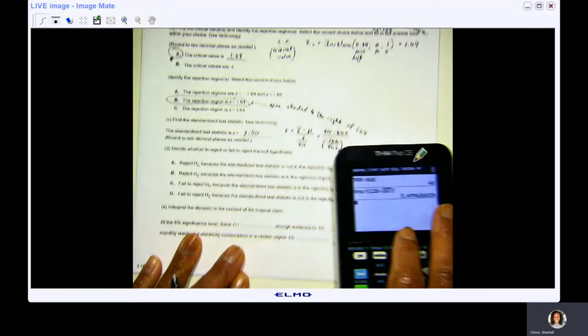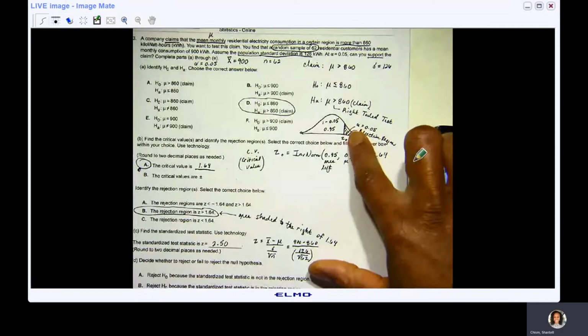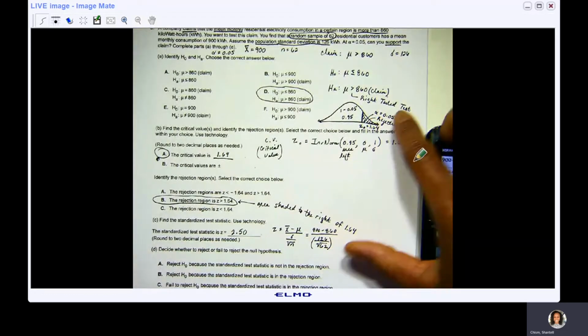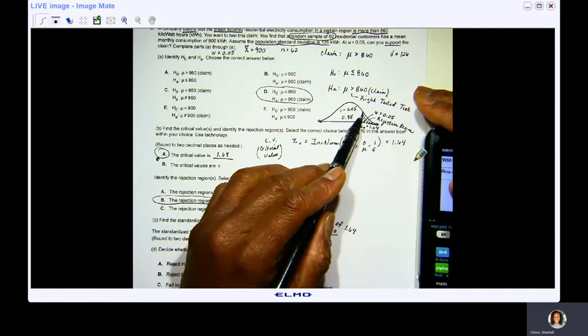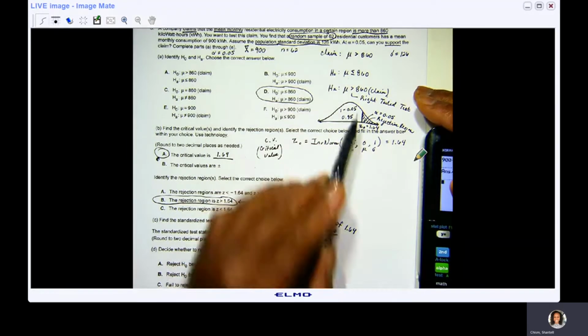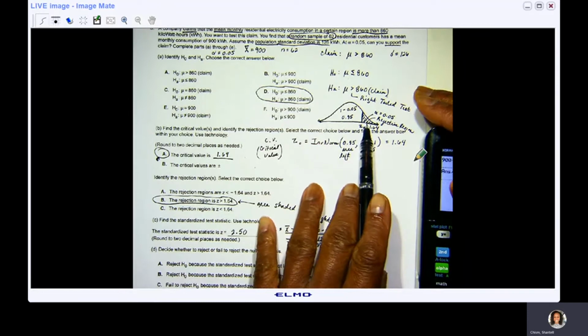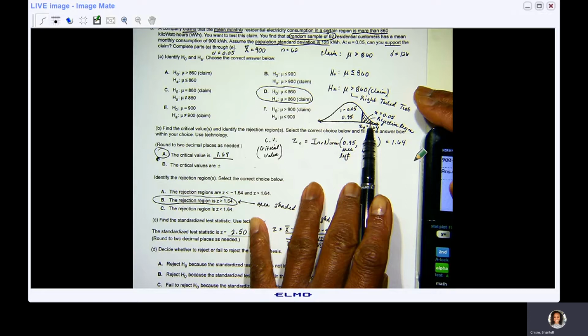So take a look at the picture. That's why a picture is worth 1,000 words. Your bound here is at 1.64. 2.5 is bigger than 1.64, so it lies to the right, which would place it in the rejection region.